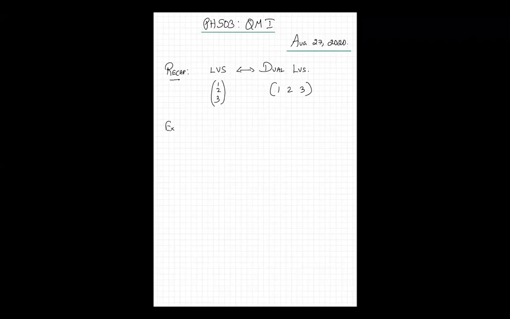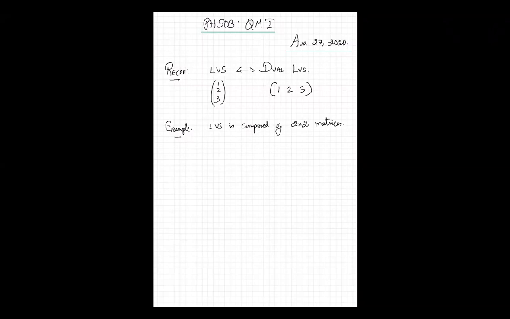For example, you can think of the LVS to be composed of, let us say, 2 by 2 matrices. Traceless or not, it doesn't matter. Now obviously we need a rule to define multiplication, and we need a dual linear vector space.